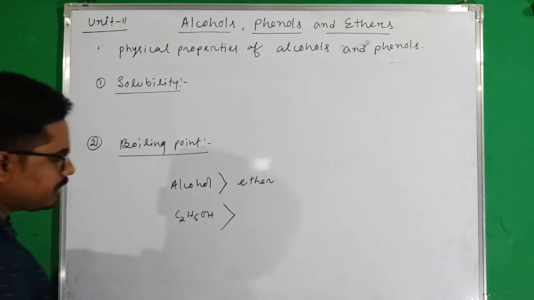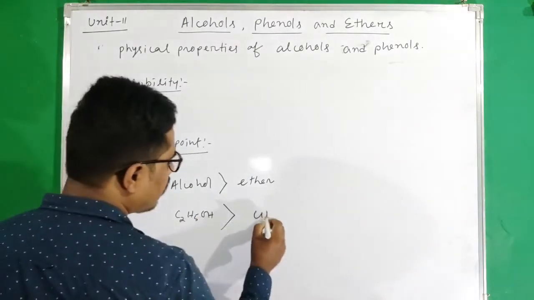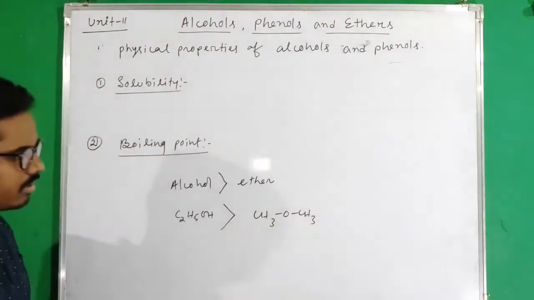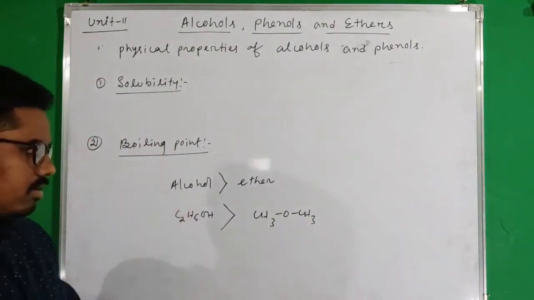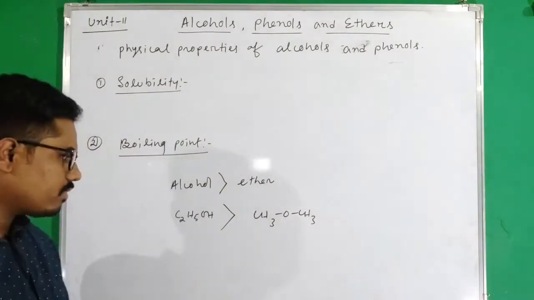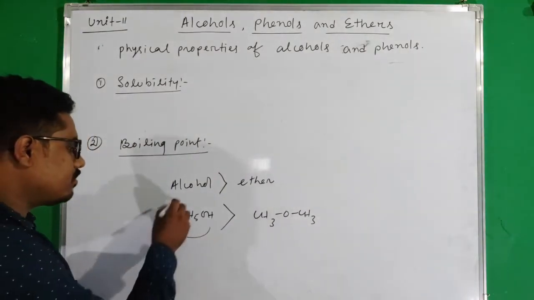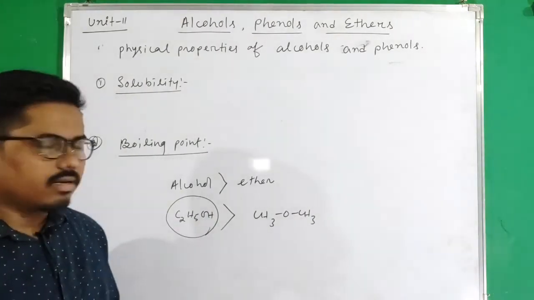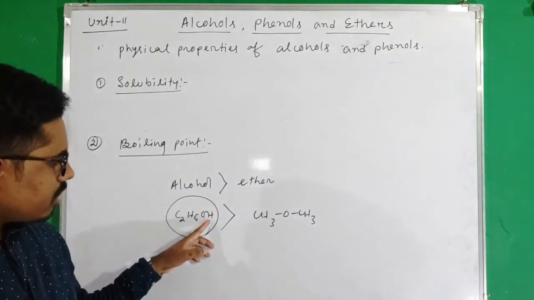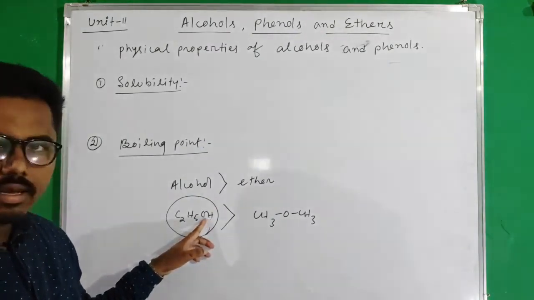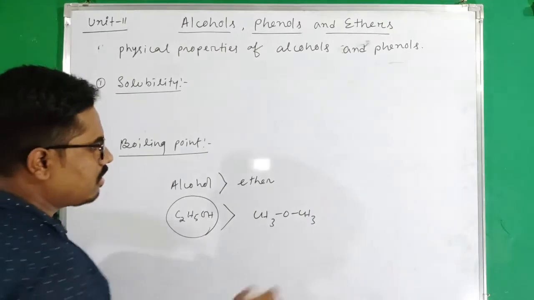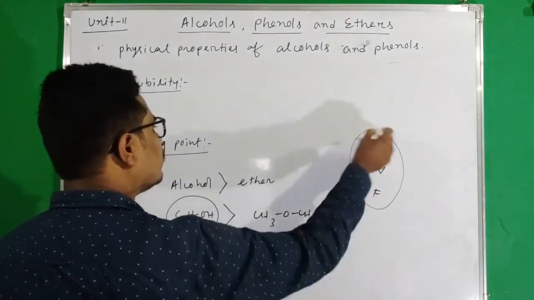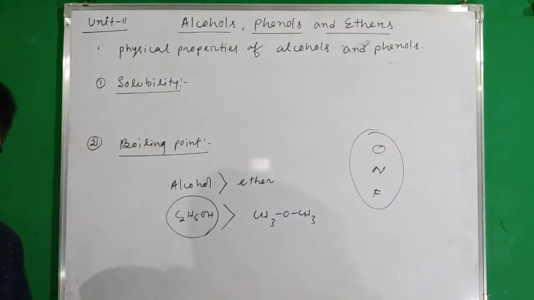The boiling point of ethanol is always higher than that of methoxymethane. This one is an ether and this one is an alcohol, and the result is due to formation of intermolecular hydrogen bonding in alcohol. Alcohol can form intermolecular hydrogen bonding because here hydrogen is attached to oxygen, and when hydrogen is attached to oxygen, nitrogen or fluorine, then intermolecular hydrogen bonding is formed.